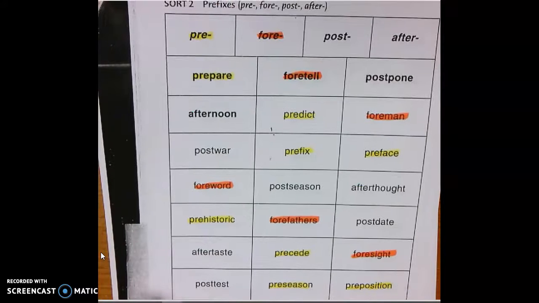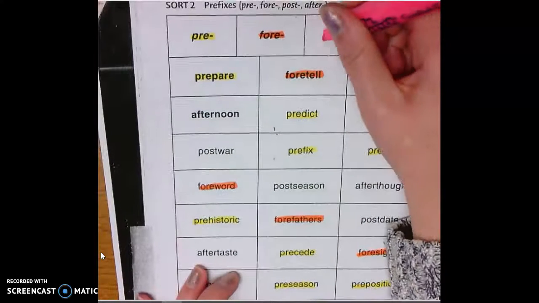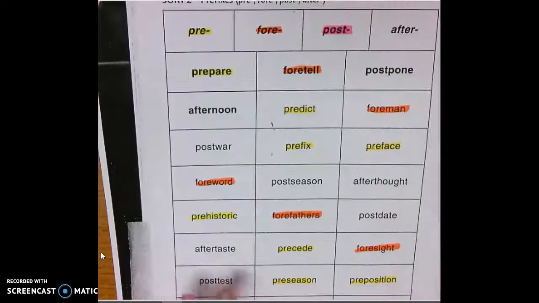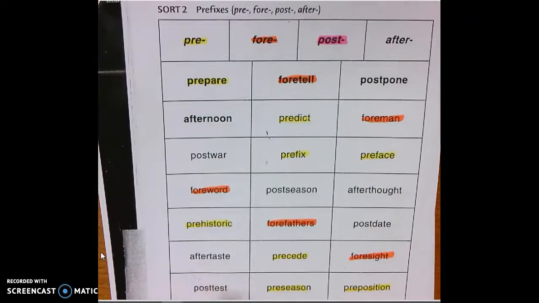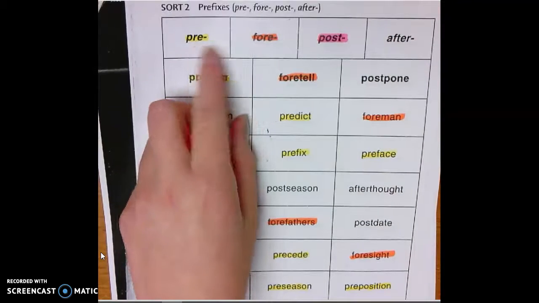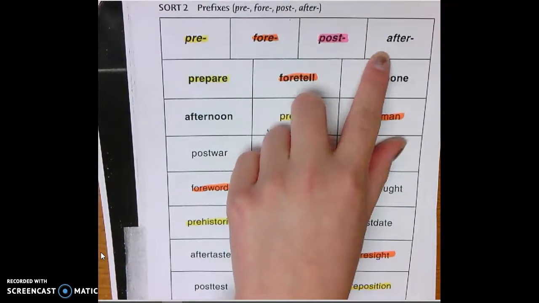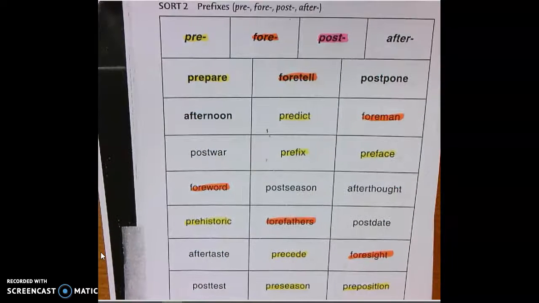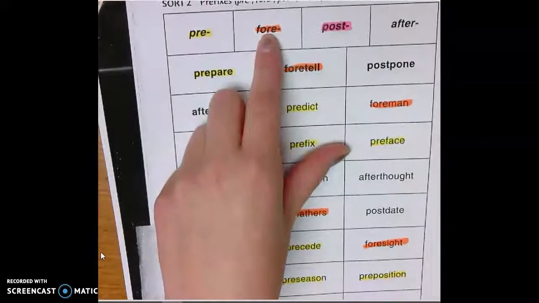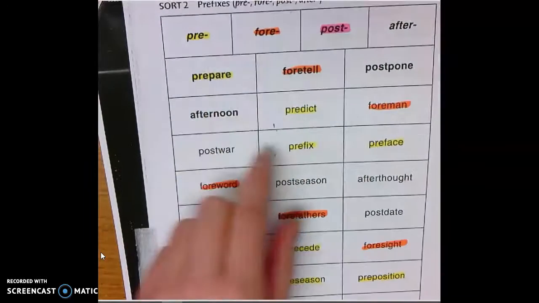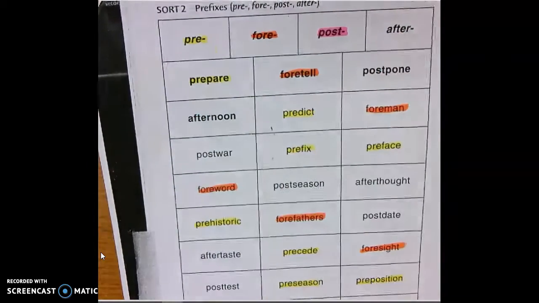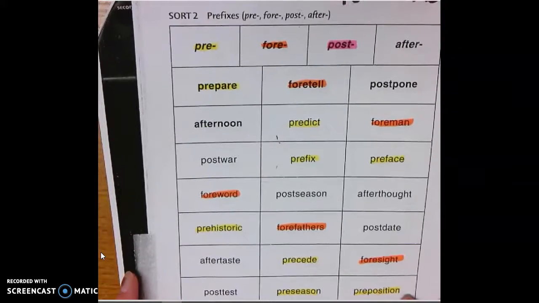The next prefix we have is post. Let me use a different color for post, which means after. So these 2 prefixes mean before, these 2 prefixes mean after. You can even think of for like before. And after, it's easy to remember, it's after something happens.